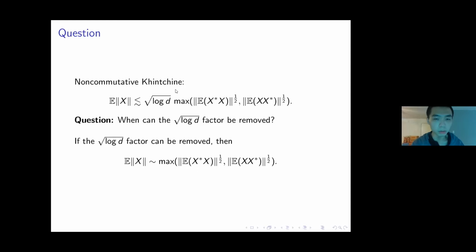The upper bound and lower bound then match up to a constant. Non-asymptotically, this gives a dimension-free estimate if we can remove this factor.